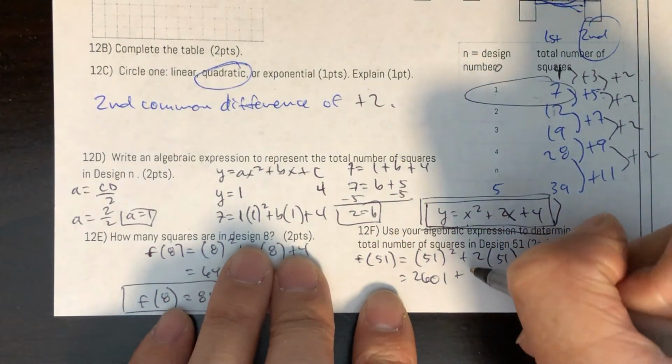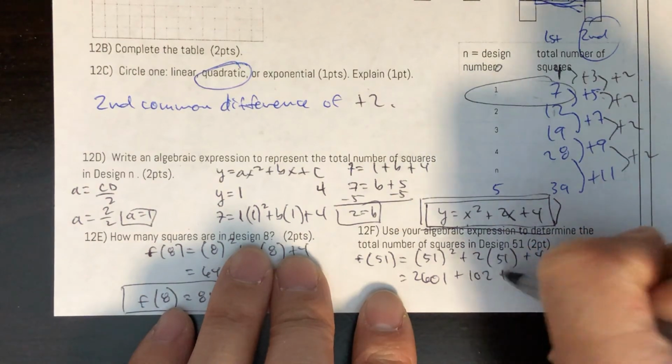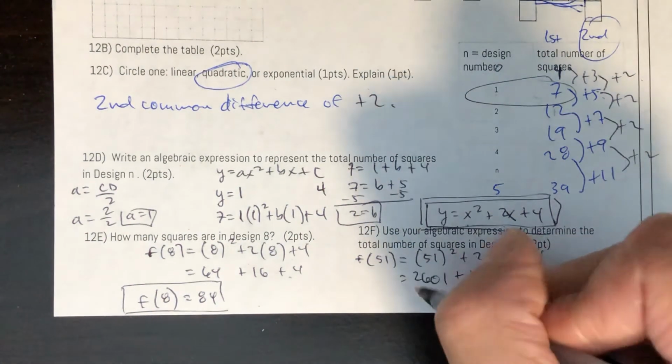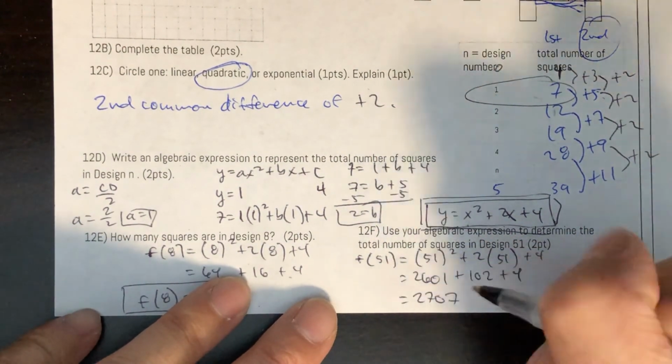That is 102. So if I add 102 plus 4, I get 2,707.